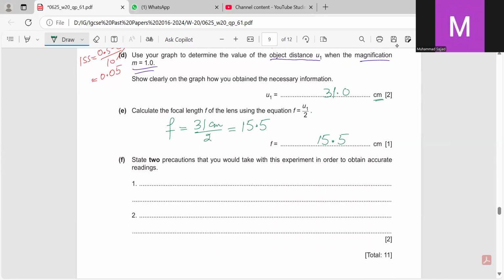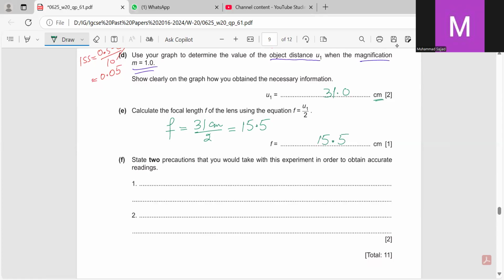Move the screen slowly to get a well-defined image. Or you can say, ensure that the center of the object, the center of the lens, and the center of the screen are at the same height from the bench, or that they are aligned. And also mark the center of the lens to measure the distances. So many answers are there.